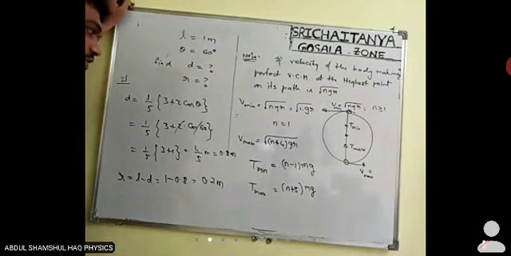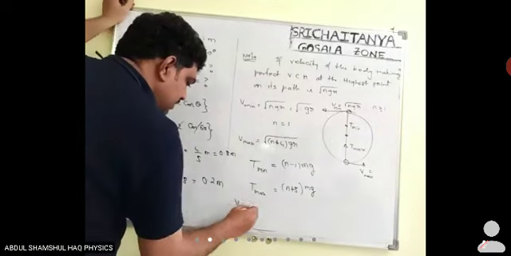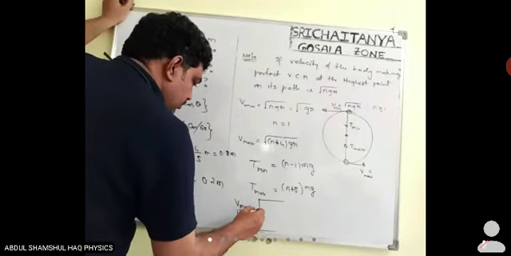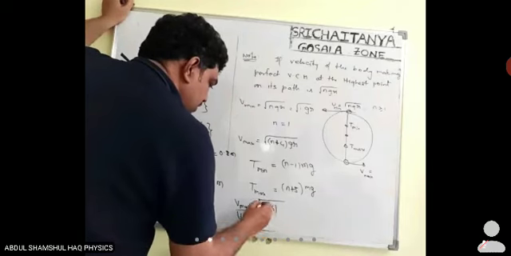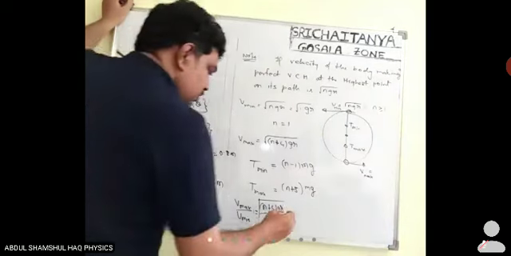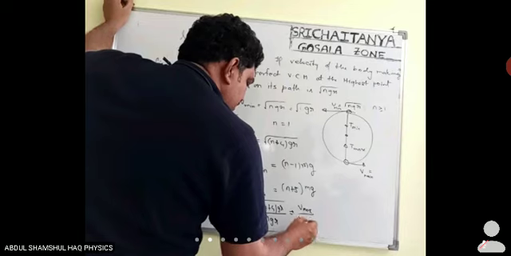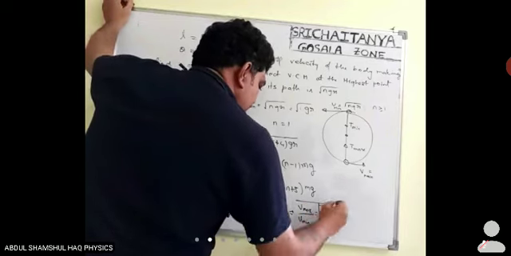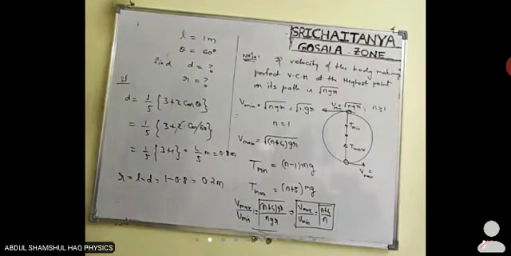Okay. Then students, please try to answer here. What is the ratio of V maxima by V minima? V maxima will be root n plus 4 gr, and this is root ngr. So therefore, V maxima divided by V minima will be equal to root n plus 4 whole divided by n.